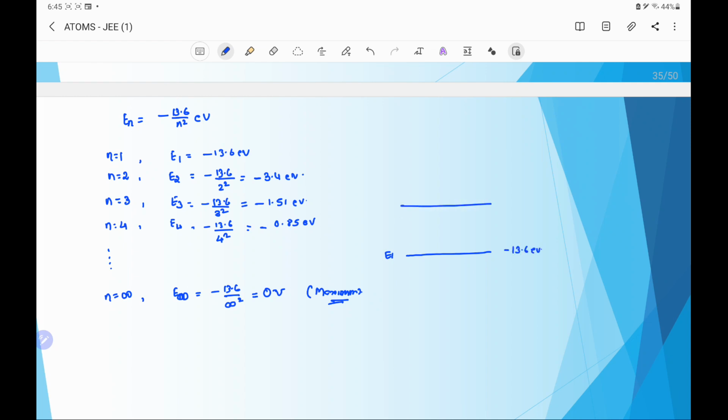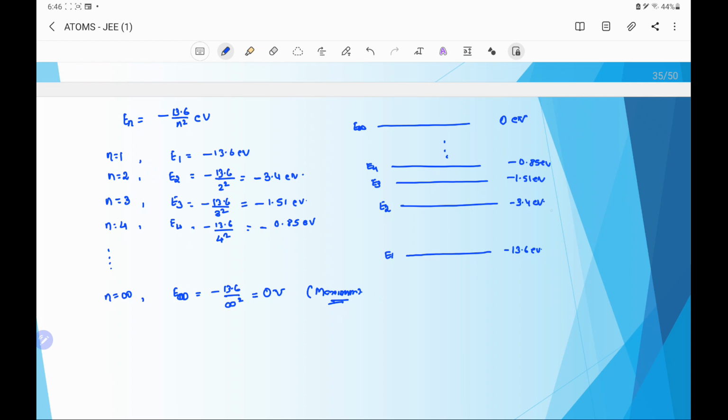Then another energy level is E2, the second orbit, at minus 3.4 electron volt. Then E3 has the energy minus 1.51 electron volt. E4 has energy minus 0.85 electron volt, and so on up to infinity. And this infinity has the energy 0 electron volt.